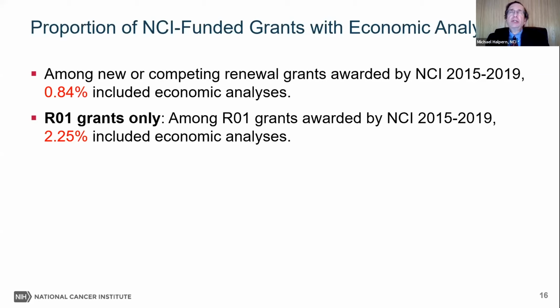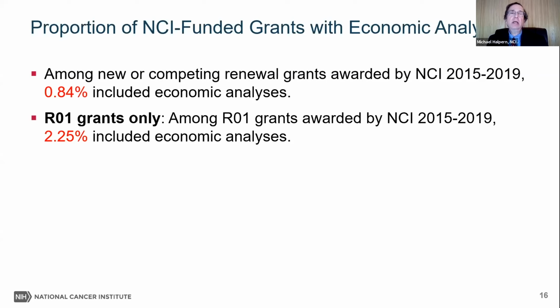So thinking about just the grants that were funded between 2015 and 2019, where we knew the entire portfolio of NCI funded grants, among the grants that we identified that included economic analyses, funded 2015 through 2019, the grants that we identified represented slightly under 1%, 0.84% of all NCI grants.